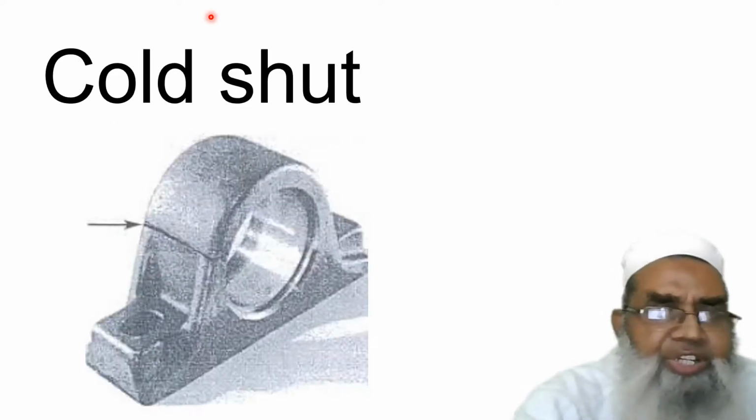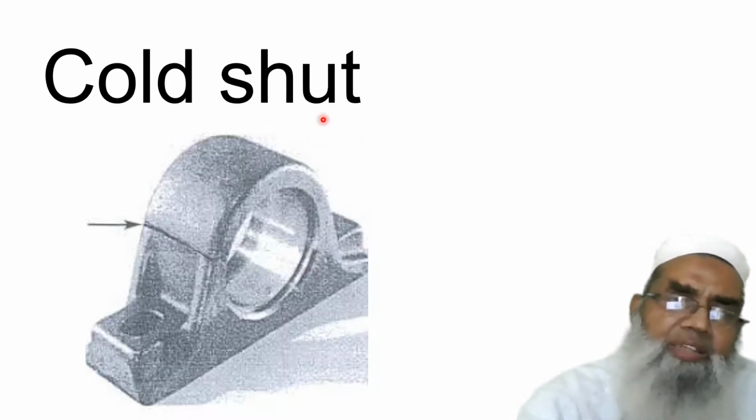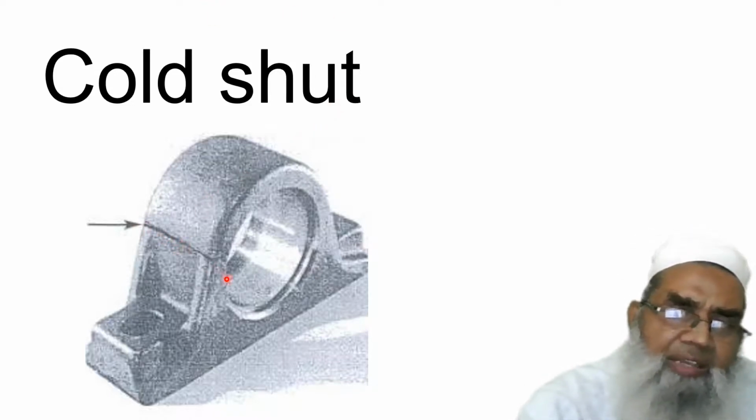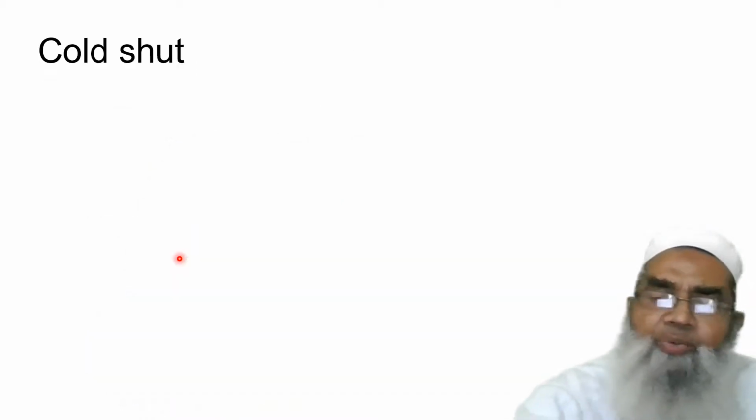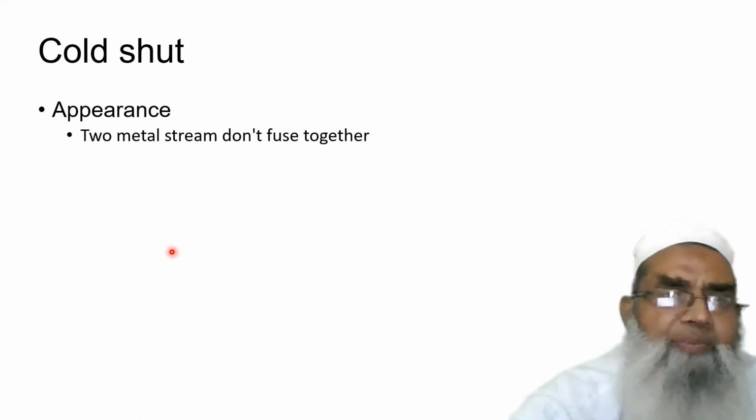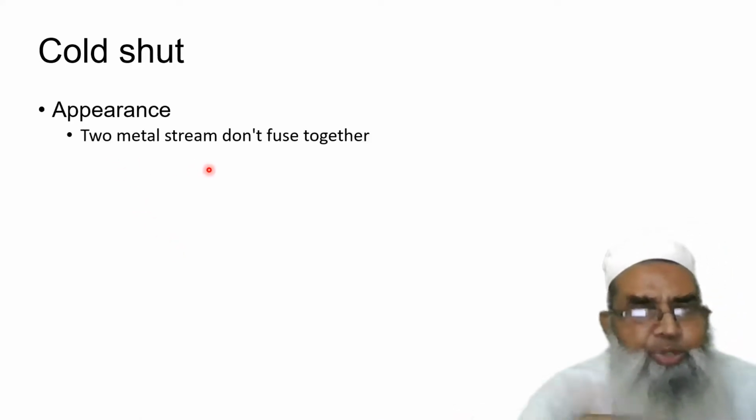Now there is a cold shut. Here the surface is coming over here, and you can see the surfaces are not properly mixed, and therefore it appears like two metal streams do not fuse together.